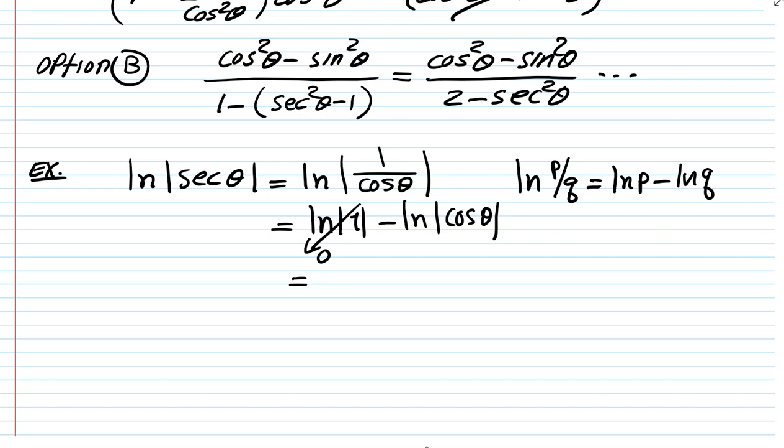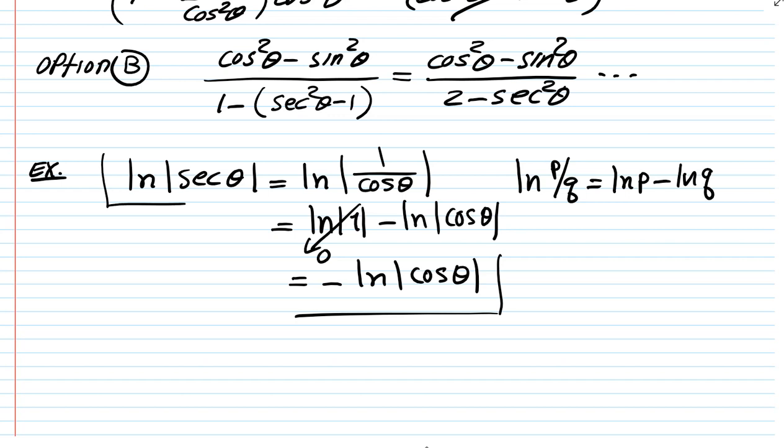But either way, it's 0, and you get negative ln of absolute value of cosine theta. And there you go. Again, this one is worth mentioning because sometimes you'll see this in some of the formulas for integration problems in calculus. And there you have it.